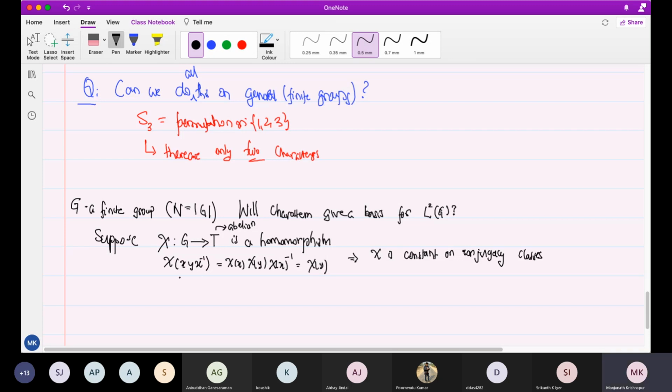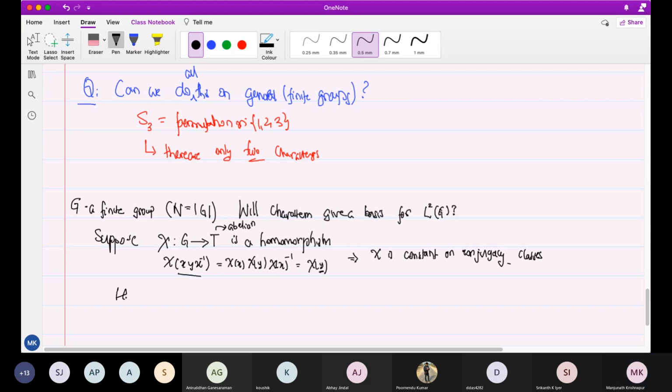If two elements are conjugate to each other, like y and x, y, x inverse, the character value must be the same at those two points. So each conjugacy class is an equivalence class, and chi must be constant on each conjugacy class. Any two things which are conjugate will have the same value.